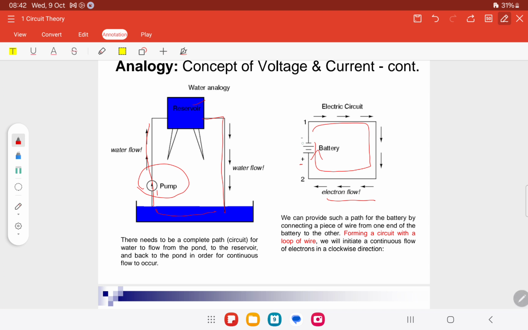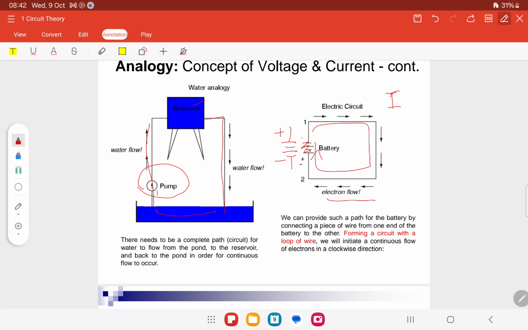Saya tak suka lah. Saya rasa saya nak tukar dia macam ni sebenarnya. Positif atas. So from positif dia akan keluar daripada from positif. Okay. So this will be in a closed loop. Bila closed loop, there will be value for current. Okay, sebab the current can flow.